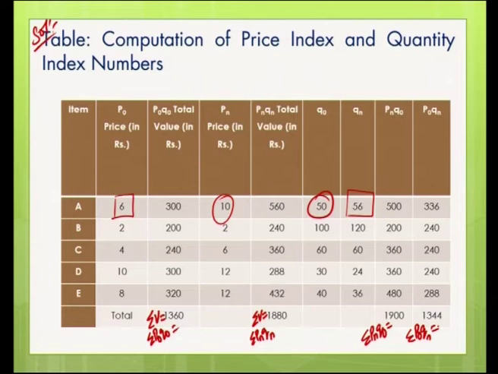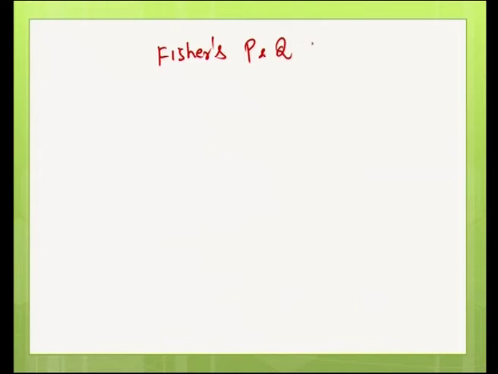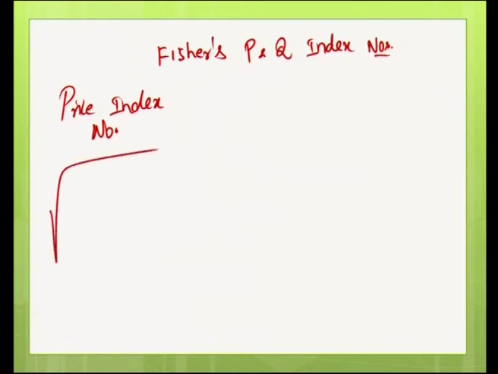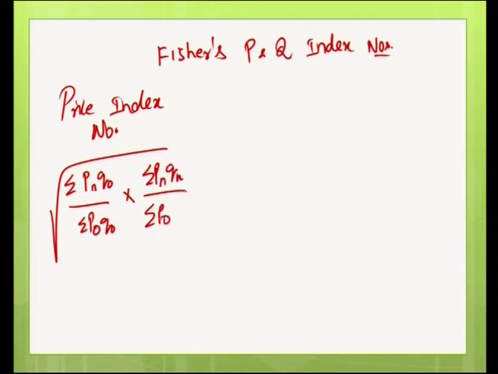Fisher's method, Fisher's P and Q index number, that is price and quantity index numbers. Price index number calculation is root of summation Pn Q naught by summation P naught Q naught into summation Pn Qn by summation P naught Qn into 100.